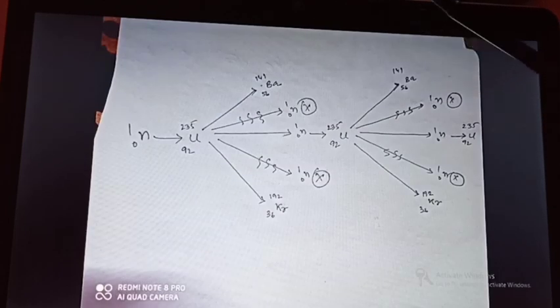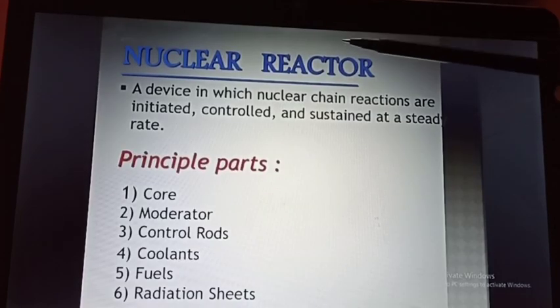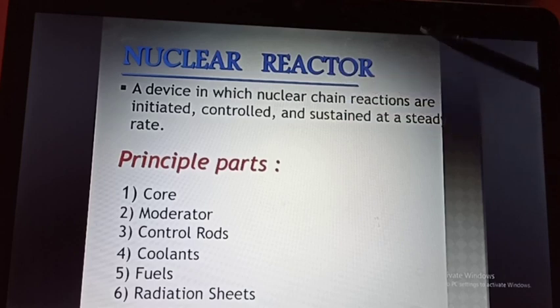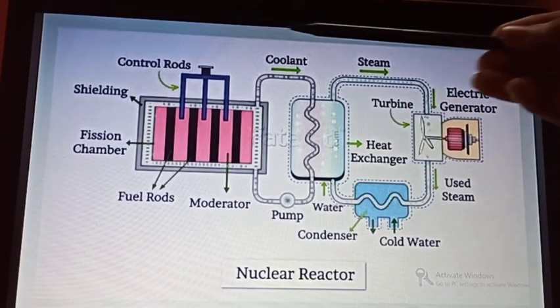That means this controlled reaction is only possible when a nuclear reactor is used. That means it is a device used to carry out a controlled fission reaction. Okay, so this is a schematic diagram of a nuclear reactor.